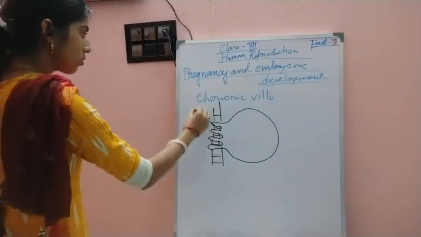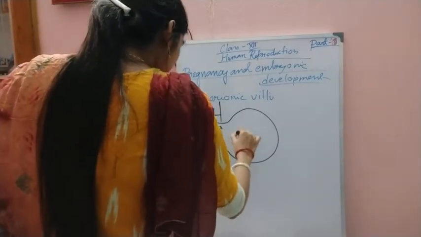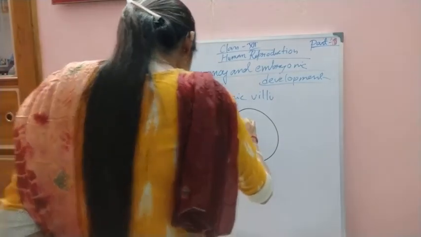Okay, so that is chorionic villi. That is a rough diagram I am repeating. So there is a layer of cells.